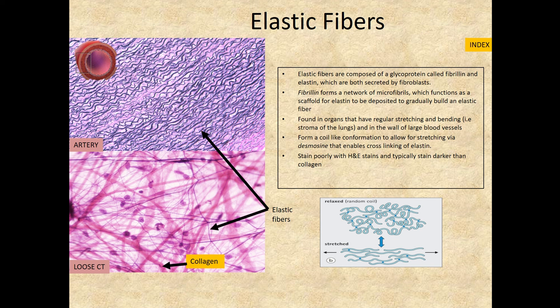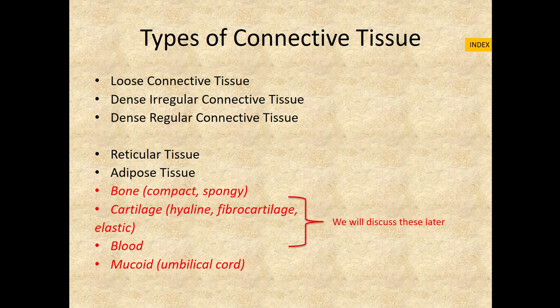So the fact that the elastic fiber can stretch and then return is a unique quality that only that kind of fiber has. The other fibers, collagen and reticular fibers, you can stretch them and then they're just going to break. They're not going to recoil back into the original shape. So that's what makes elastic fibers cool. Unfortunately, usually in a regular slide, elastic fibers and collagen fibers look like the same color. So you really need a special stain to see them very well.